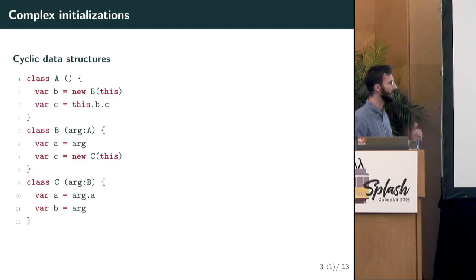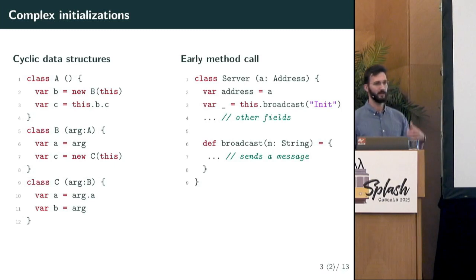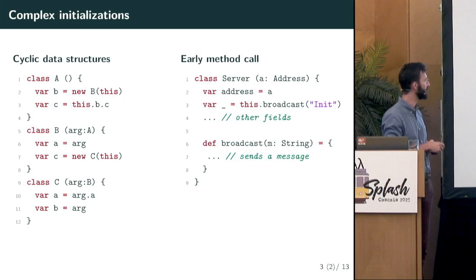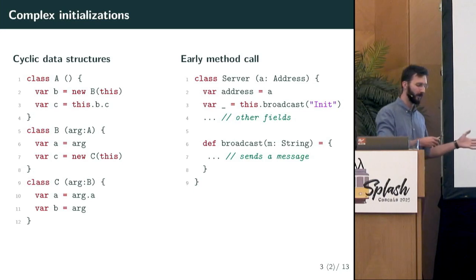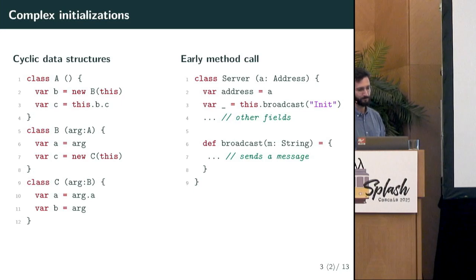Another example is maybe if the initialization process is very long, you have some server and the initialization process takes a long time, and you want to emit some effects before the end of initialization. And maybe that's safe to do so if you can start broadcasting even if the rest of the server is not ready. Okay, so here we have examples of things that can go wrong and things that can go right, and how can we find a sweet spot in between.